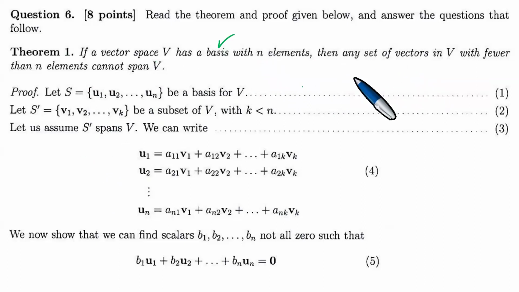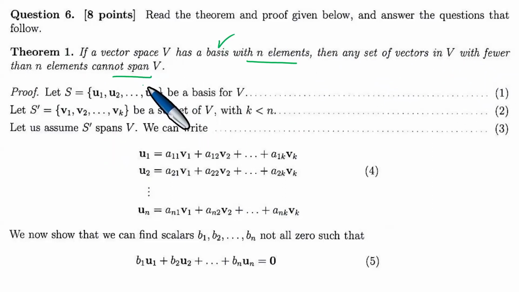Now we are dealing with a basis with n elements. It means that you have a set that is linearly independent, and that has n elements. Then any set of vectors in V with fewer than n elements cannot span V.